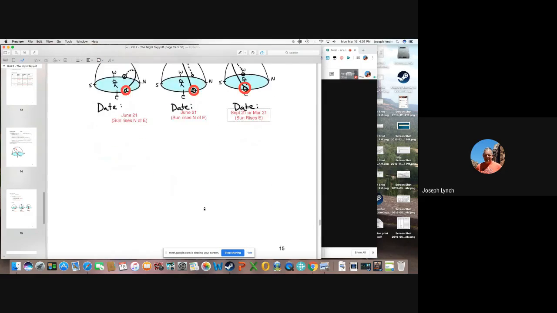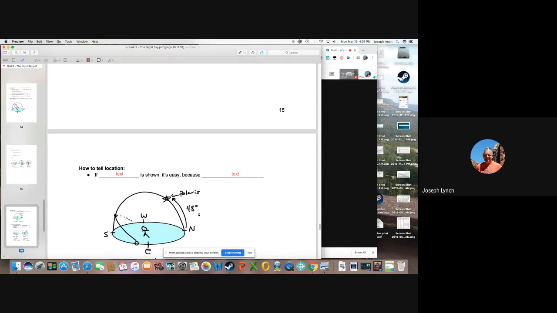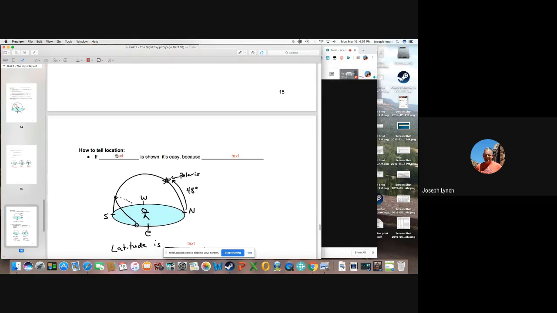All right. Now, as we go down here, now how to tell your location. So now we know the date, we just look at where the sun rises. For the location, there's a few things we're going to look for. If Polaris, the North Star, is shown, it's easy because your latitude equals the altitude of Polaris.